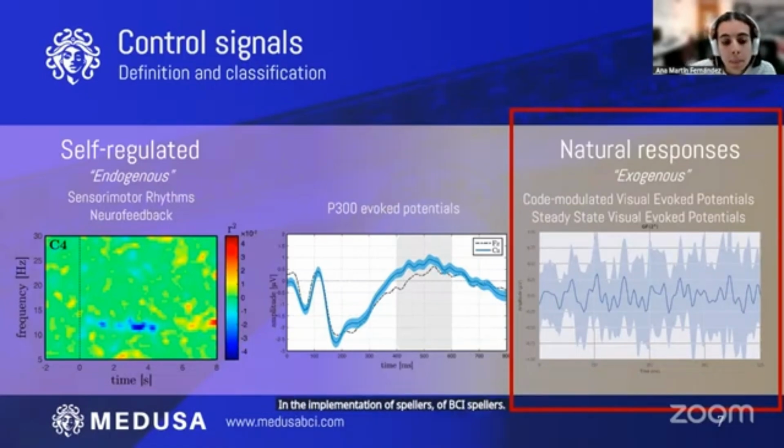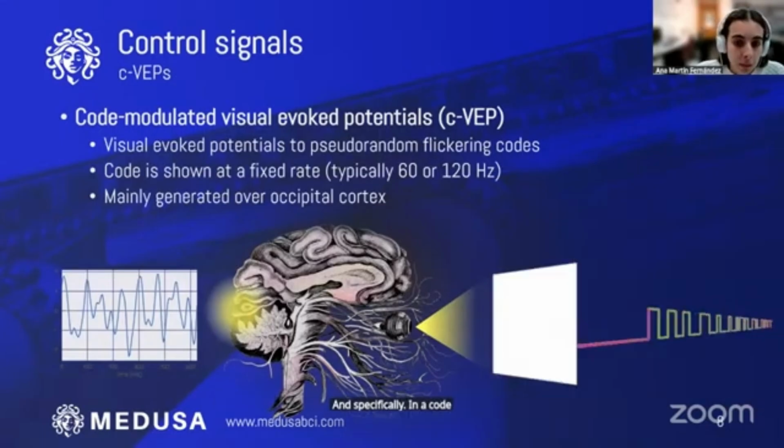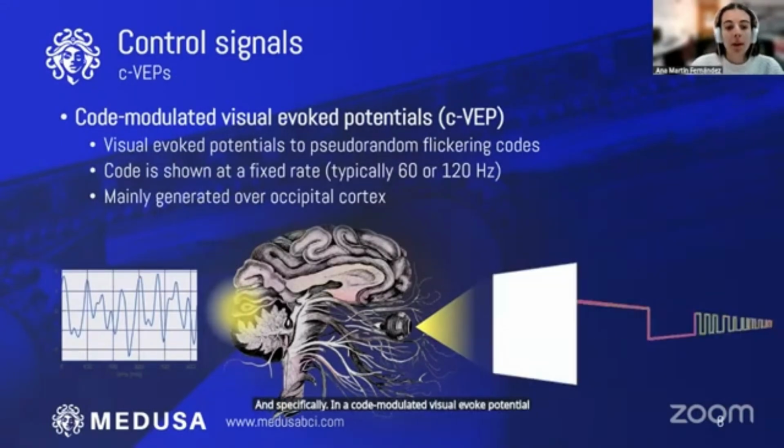So therefore, they are the ones we are focusing on right now, and all the work I'll be discussing will rely on that kind of signals. Specifically, code modulated visual evoked potentials, or c-VEP.